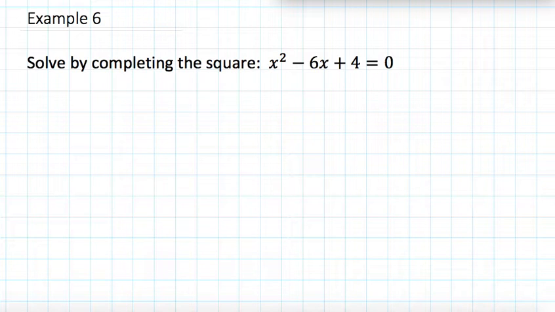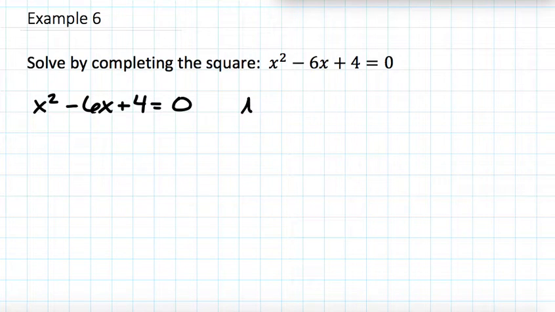So when you're solving by completing the square, it's a little bit different than solving by factoring. When we solved by factoring, we wanted 0 on one side of the equation, which is what we have here. When we're solving with completing the square, we want to have the x squared plus bx by itself.